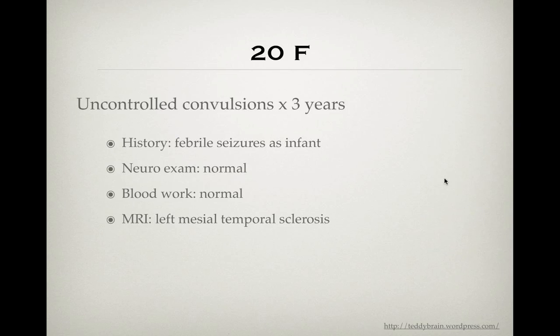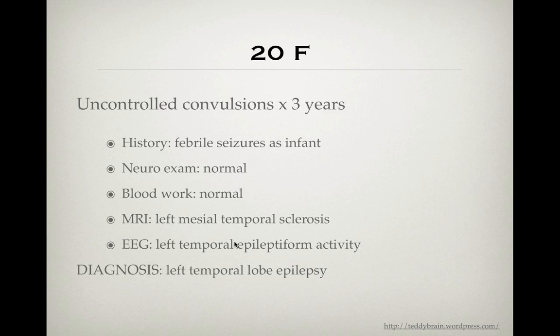But essentially normal exam, blood work fine, and the MRI showing that scarring or this mesial temporal sclerosis, which is a common cause of refractory epilepsy. The routine EEG showed these spikes, and then her diagnosis was confirmed as left temporal lobe epilepsy.